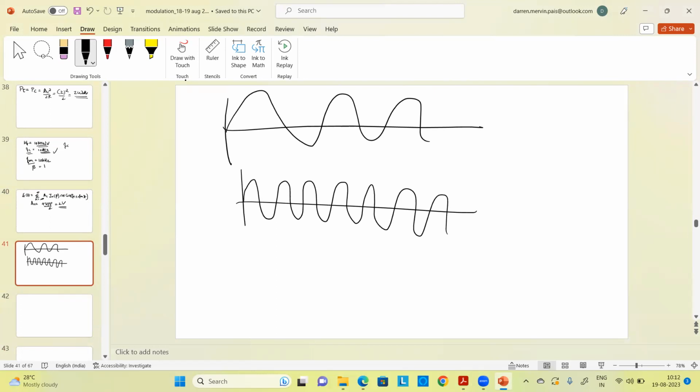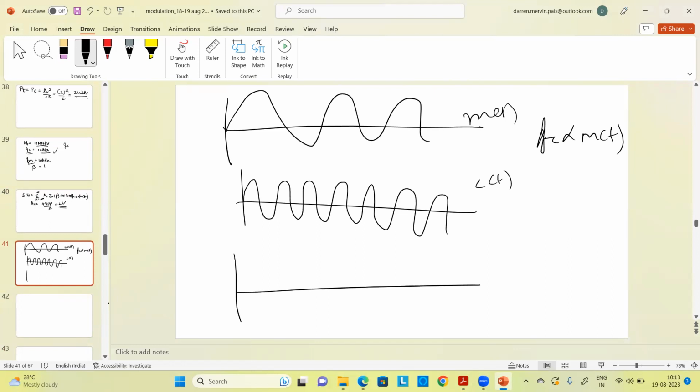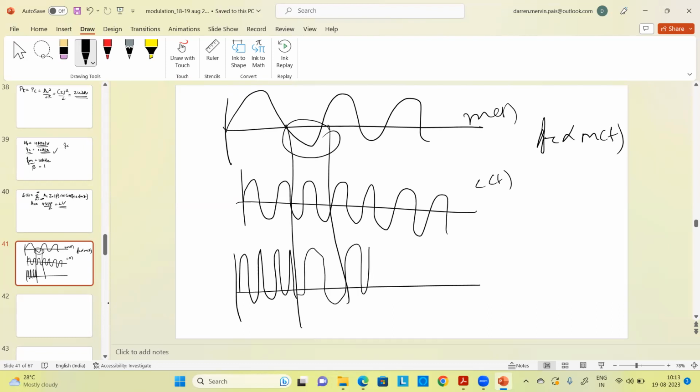This is m(t), this is c(t). The frequency fc is directly proportional to m(t). So when the message increases, the frequency will increase, and when the message reduces, the frequency will reduce. Again it increases, again such kind of thing.